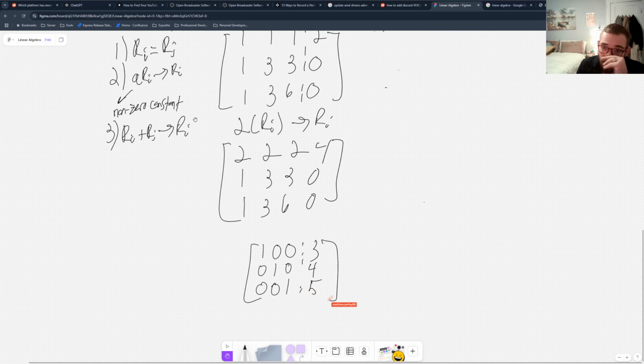This is the absolute ideal. Because if we think of this back as an equation, we have x plus 0y plus 0z equals 3.